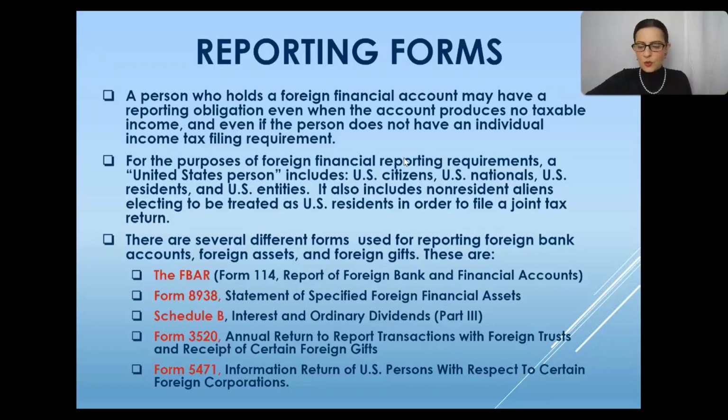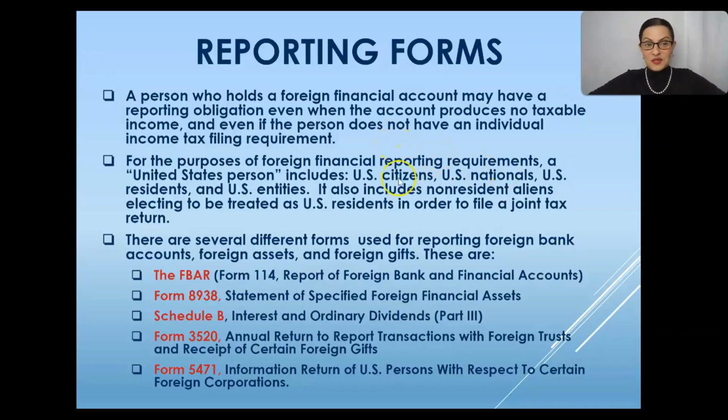You can have a person who has no taxable income whatsoever for the year. They can have zero taxable income and still have to file these forms. Because this is a disclosure requirement, it is not an income tax requirement. These forms are not income tax forms. They are disclosure forms, which is completely different. You're telling the government about the things that you own.